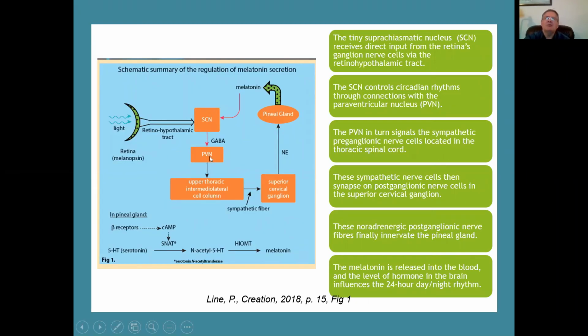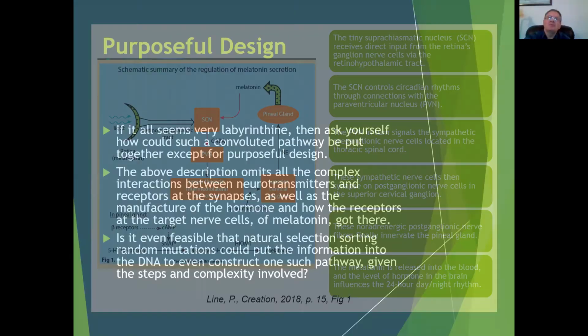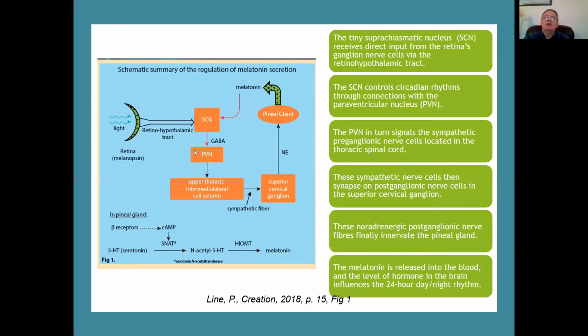The PVN in turn signals the sympathetic, clicked something wrong there. It signals the sympathetic preganglionic nerve cells located in the thoracic spinal cord, indicated here. And these sympathetic nerve cells then synapse on postganglionic nerve cells in the superior cervical ganglion.